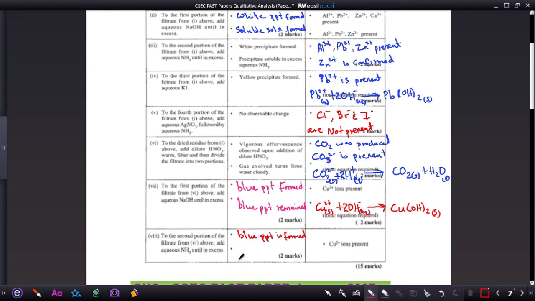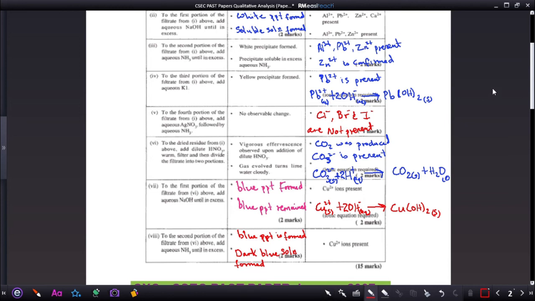So in excess, a dark blue solution is formed. That's what happened in excess.